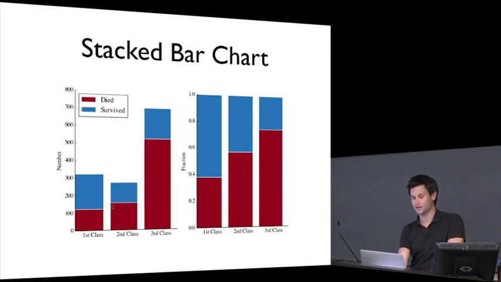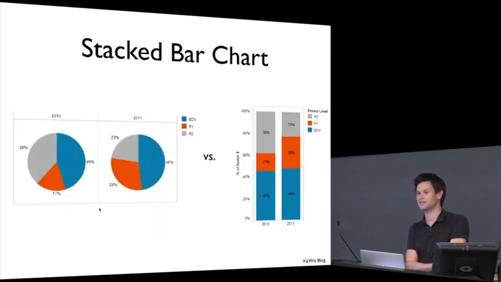So who died on the Titanic, first class, second class, third class, because we can just compare the length of the bars. But it's harder for us to actually do that for survived people, because you don't have the same zero base. You don't have the same baseline, and that makes it hard.